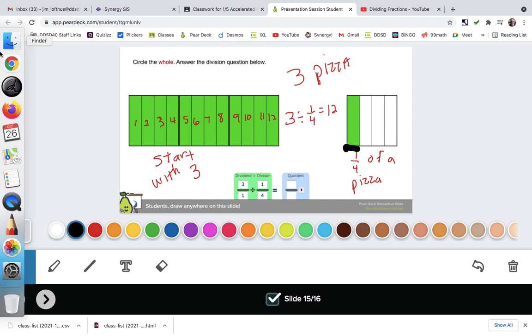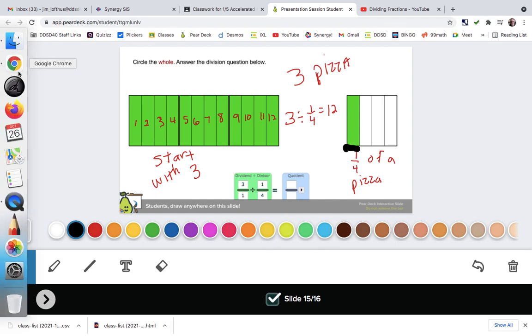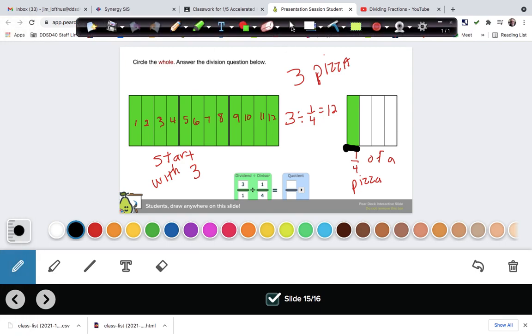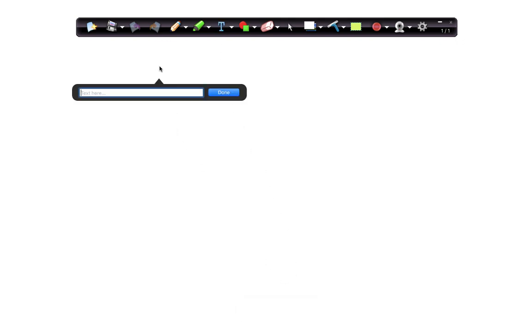All right, so at this point, what I want to do is go here, and I'm going to type something from the board that I want you to put into your notes. So here's what we wrote in class: multiplicative inverse.